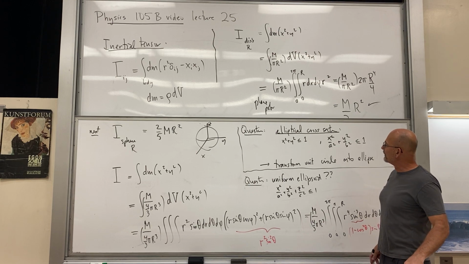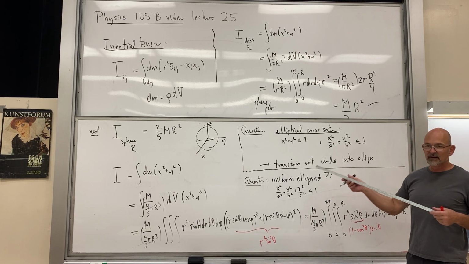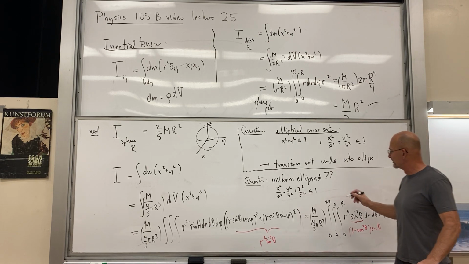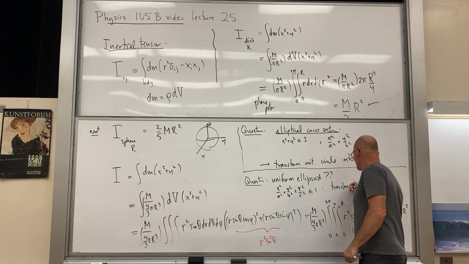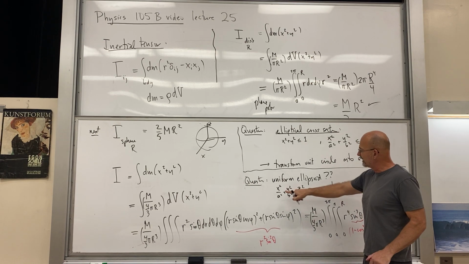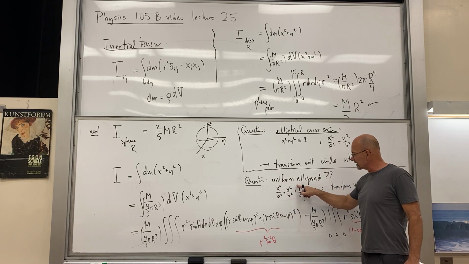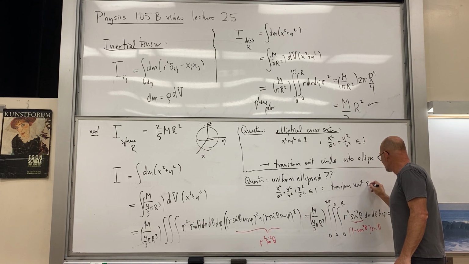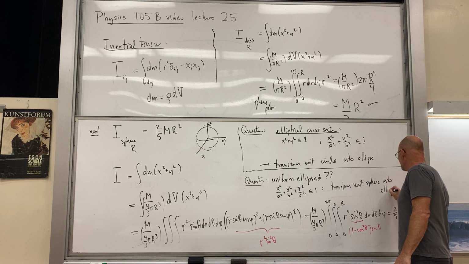So is there a way to transform the unit sphere onto the ellipsoid? And of course there is, and you just have to extend your x and your y and your z in terms of a, b, and c. So transform unit sphere onto the ellipsoid.